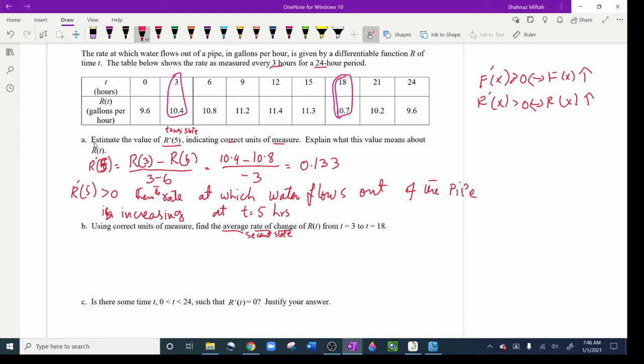They use here estimate the value of R prime. Again, it's a secant slope. If you guys go back and check your memorizing page, approximate or estimate R prime means a secant. This is also secant. If this wording was not there and I had some equation or a graph, then I would definitely do the derivative. But in this case, it's a secant. So I'm going to use R3 minus R18.